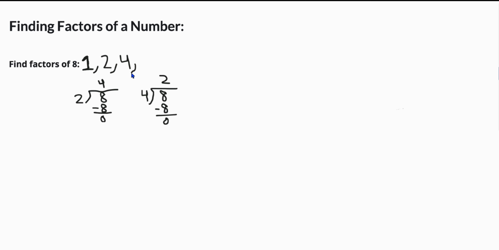If you're wondering when to stop, I would say you stop right when you reach the halfway point. What I mean by that is, since 4 is half of 8, you would stop at the number that's half of the number you're trying to factor.